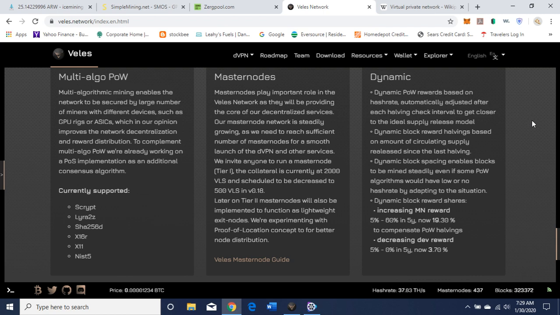Dynamic block spacing enables blocks to be mined steadily, even if some proof of work algorithms would have low or no hash rate by adapting to the situation. Dynamic block reward shares, increasing masternode reward 5 to 60% in 5 years. Now it's 19.3% to compensate proof of work halvings, decreasing dev reward, and all that is part of their emissions schedule.